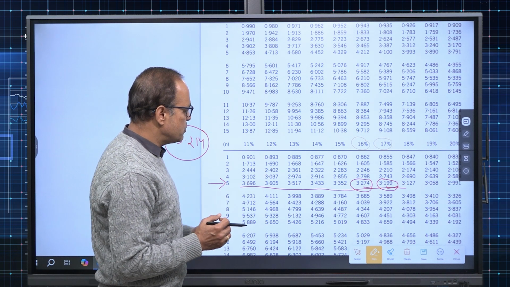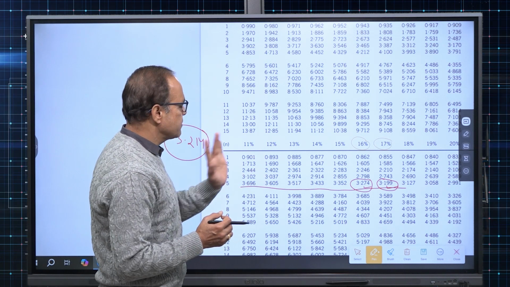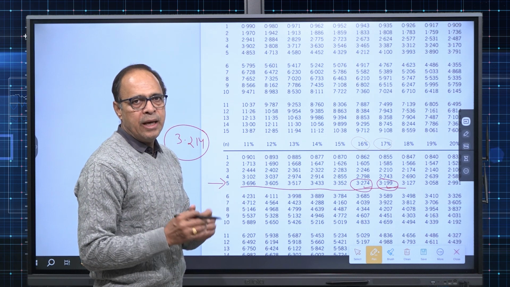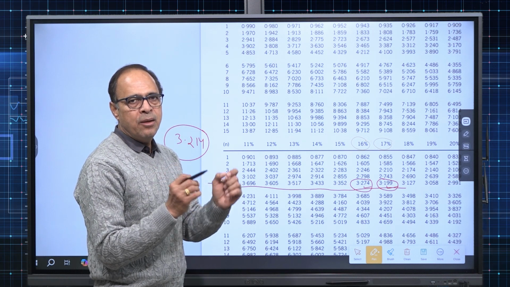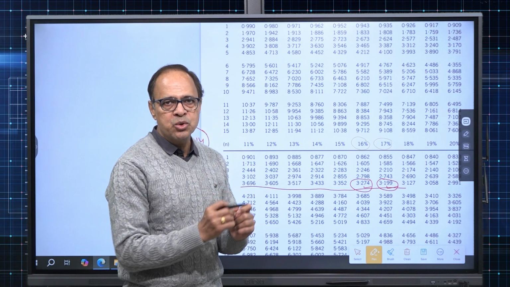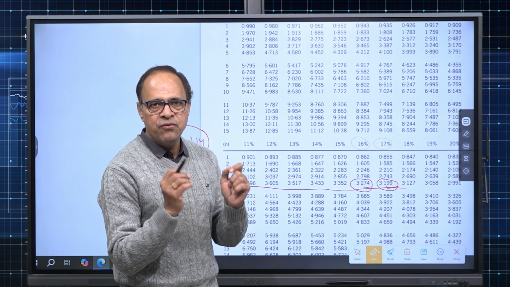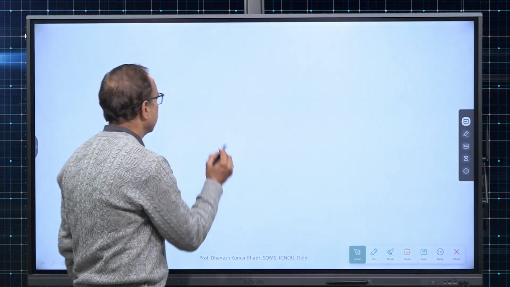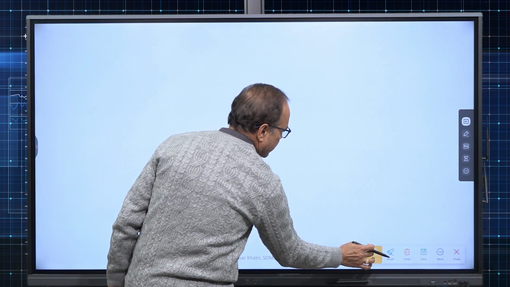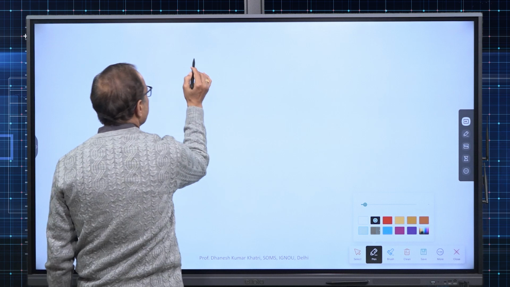So note down those factors as well as the rates, and we will show you how to calculate the approximate level of IRR by applying the approximation formula. Now look at the formula. What is the approximation formula for calculation of IRR? Approximation formula is simple.